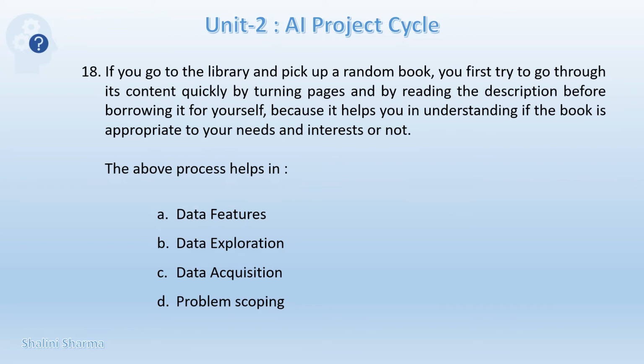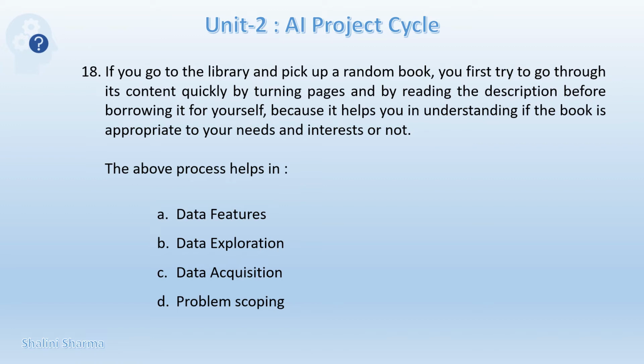Feature. If you go to the library and pick up a random book, you first try to go through its content quickly by turning pages and by reading the description before borrowing it for yourself, because it helps you in understanding if the book is appropriate to your needs and interests or not.